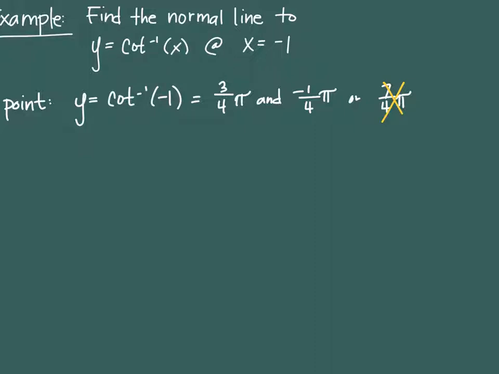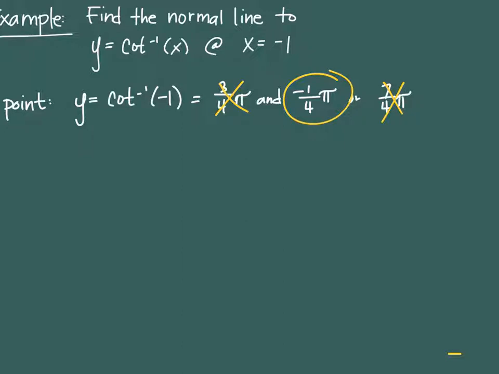So now I have two viable options. 3π/4 is in quadrant 2, and -π/4 is in quadrant 4. And the rule for inverse trig is you pick the one that's closer to 0. In terms of just pure net distance, if you have two viable options, you pick the one that's closer. And so -π/4 is closer to 0 than 3π/4 is. So that's going to be the one that we choose for our point.